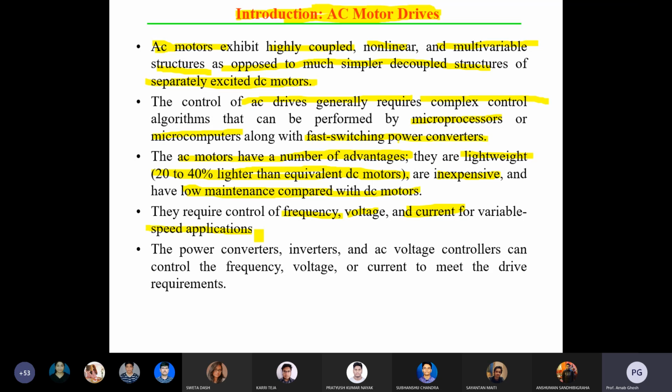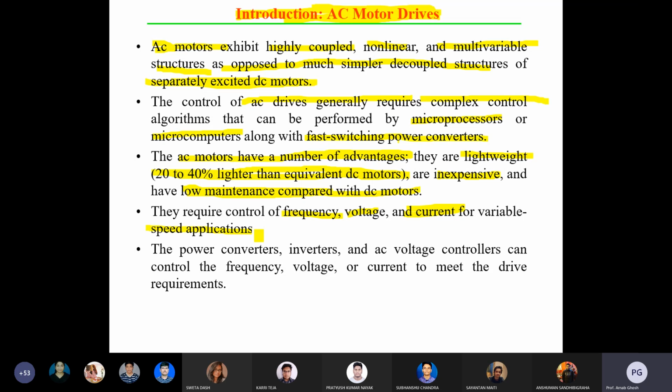Then if you want to change the speed of the motor above the base speed, what you need to do... there are two categories.